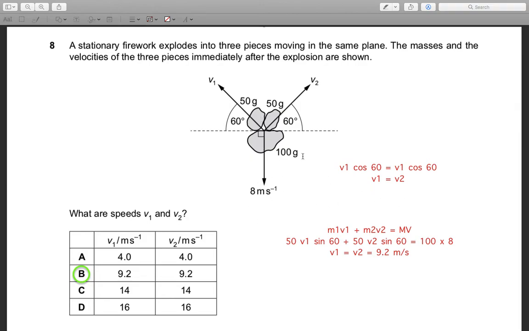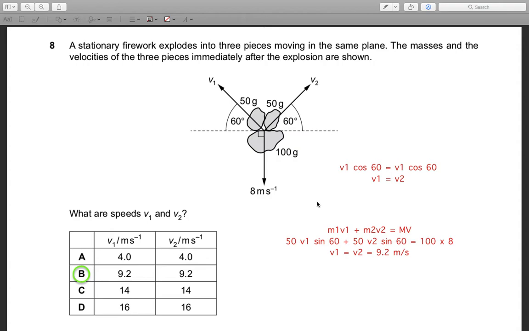So if we calculate, this is about the direction on the x axis: v2 cos 60 equals v1 cos 60. If we cancel cos 60, then we get v1 equals v2. And on the y direction, we have v1 sin 60, also we have v2 sin 60, and in the negative y direction we have velocity 8.